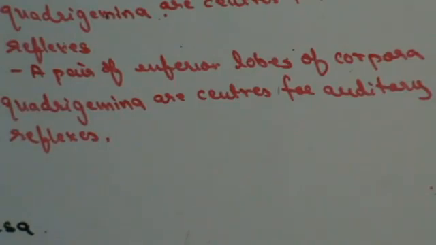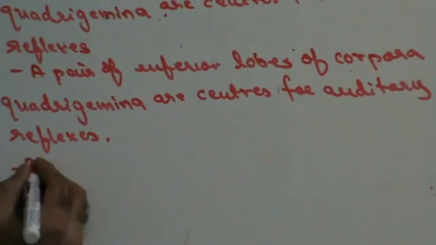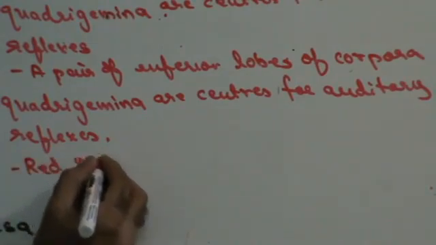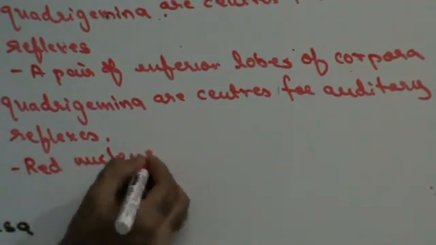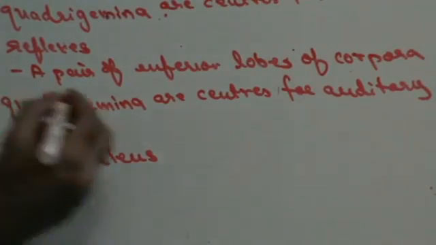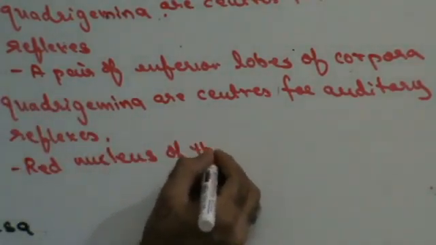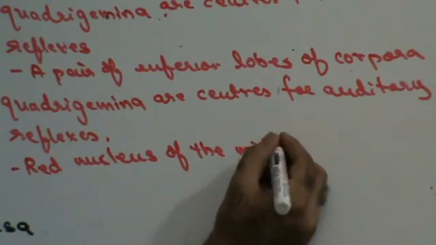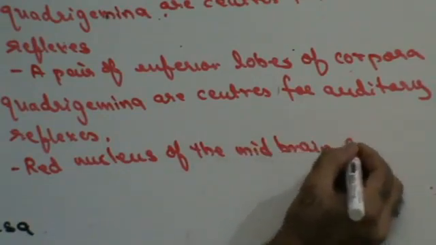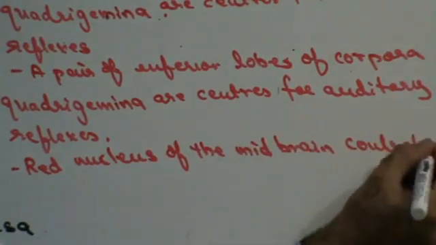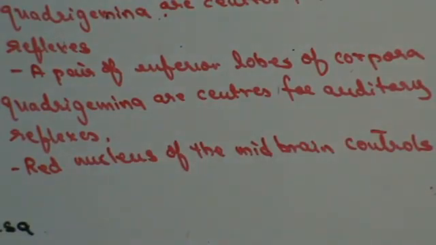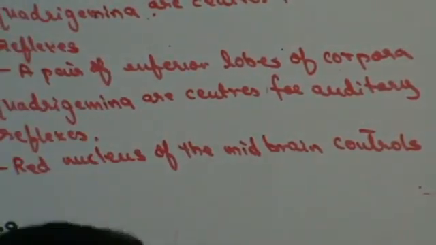Then the red nucleus in the midbrain controls muscle tone and posture.